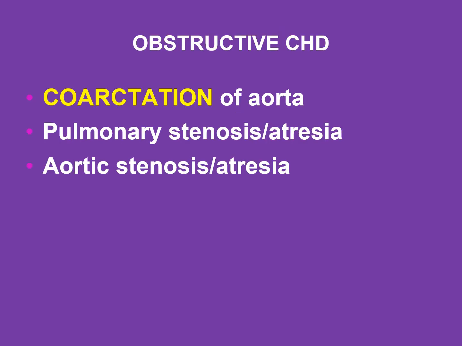And then the third group of congenital heart diseases is your obstructive, and the most common of which is the coarctation of the aorta, but also pulmonary stenosis or atresia, or aortic stenosis or atresia.